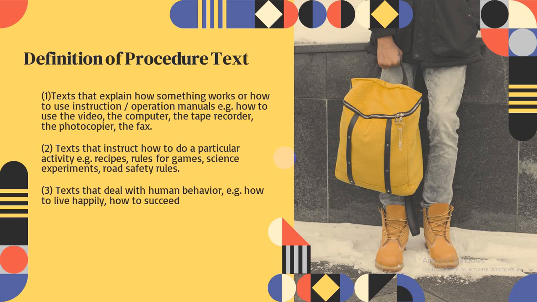For example, if you want to cook something, there is a menu, and of course you must read about the ingredients and then the steps of how to cook the food, something like that. But in 12th grade, you can also get procedure text, but your procedure text refers to technology.